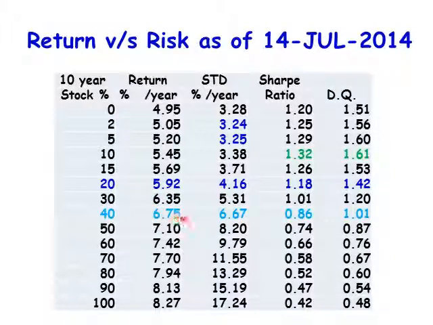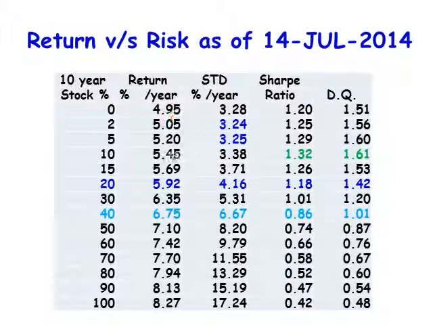At 40% allocation to stocks, the return is higher than the standard deviation. But at 6.75% per year, a portfolio will not double in 10 years. When you get to 50-50 allocation, returns are 7.1% per year, and at that rate a portfolio would double in 10 years. Now we are talking about 8.2% in standard deviation.